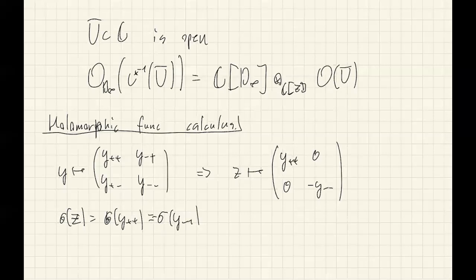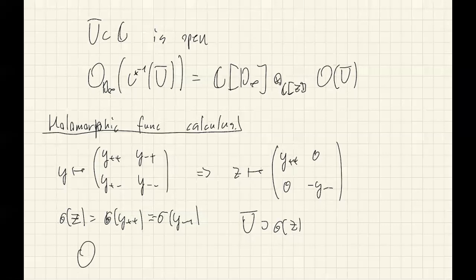Yeah, and so if we have a symmetric open subset, we just use this tensor product to construct the holomorphic functional calculus in this case. So if U bar is open and it contains the spectrum of Z, then we construct a holomorphic functional calculus.